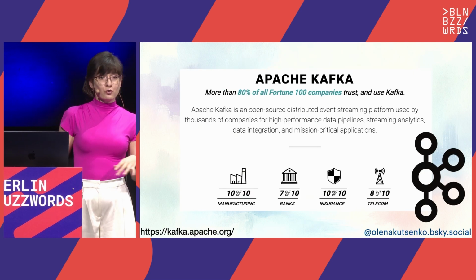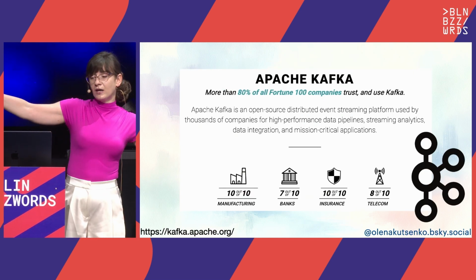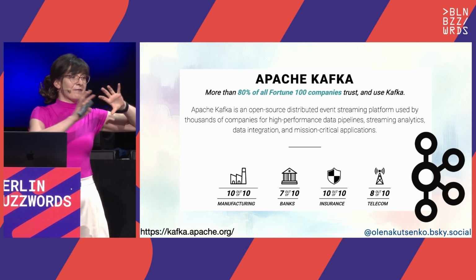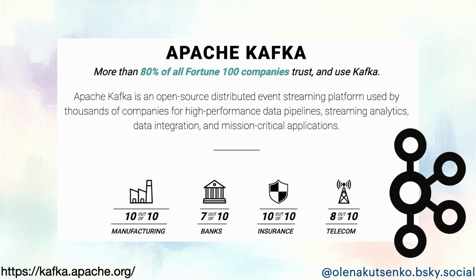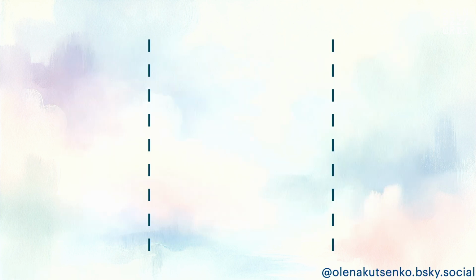For those of you who are not familiar, Apache Kafka helps us navigate a lot of data between your systems or external systems, whatever you have. It's super widely used in manufacturing, with banks and transactions. So all systems which really need to move data very, very fast, many of them rely on Apache Kafka.